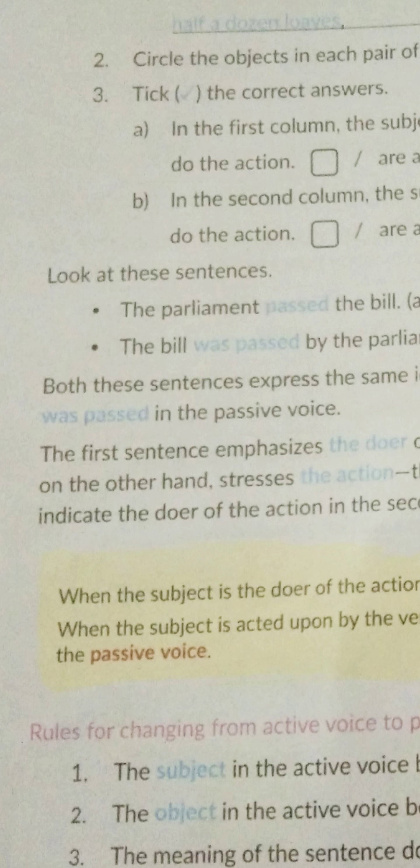Now, here it is written, the first sentence emphasizes the doer or the subject, that is the parliament, and the second sentence, on the other hand, stresses the action, that is the passing of the bill. The preposition by is used to indicate the doer of the action in the second sentence.